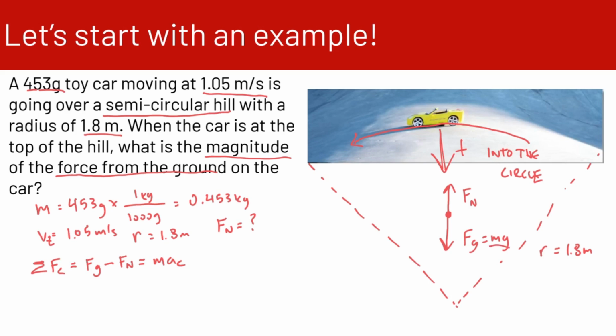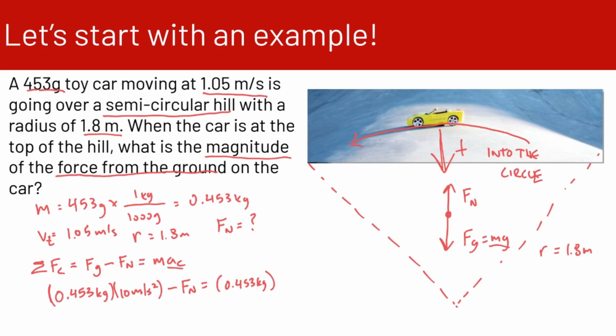So we have our mass, which we calculated as 0.453 kilograms, times g, which is 10 meters per second squared, minus our normal force, which is what we're looking for. And that's going to be equal to our mass again, 0.453 kilograms, times the centripetal acceleration.